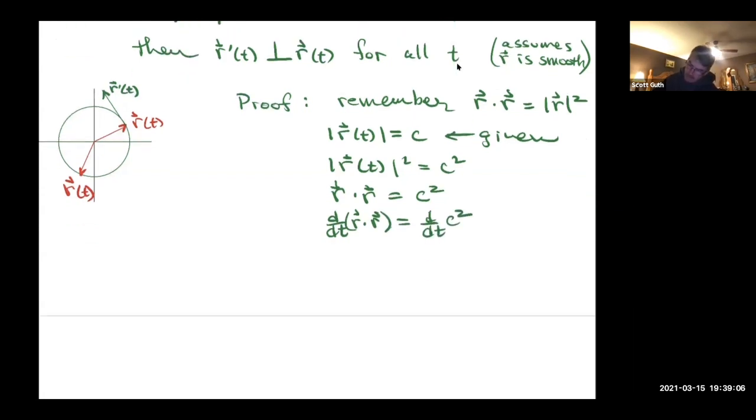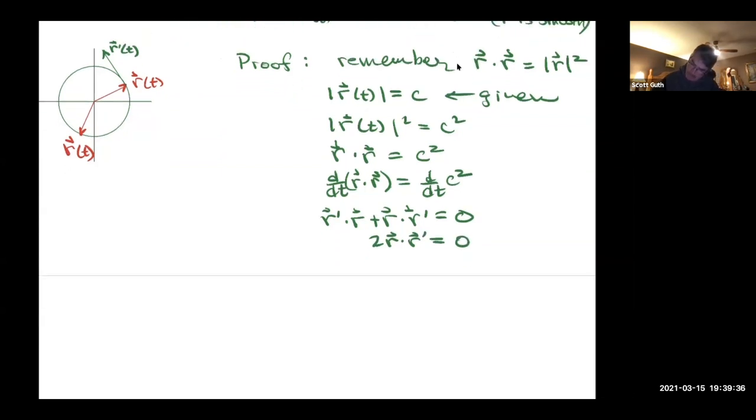And of course, we'll get 0 on one side, and we'll get r prime dot r plus r dot r prime. That's the product rule for dot products, works just fine. Equals 0 on the right side. Those are the same, so you could view this as 2 r dot r prime equals 0, which of course you can divide by 2, and you'd have r dot r prime equal to 0.